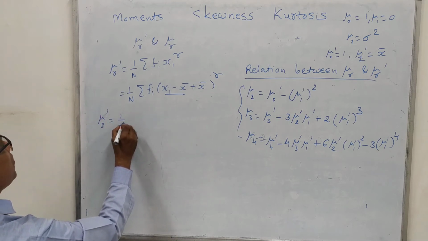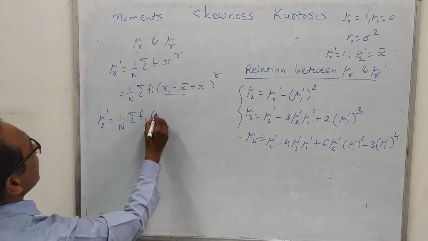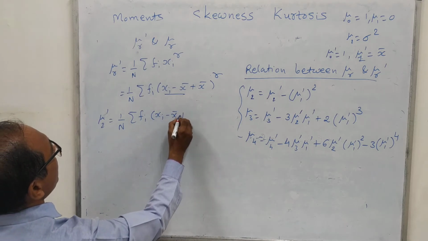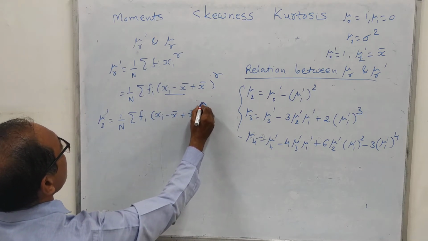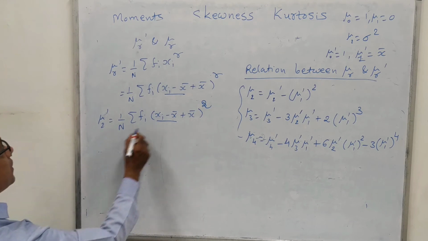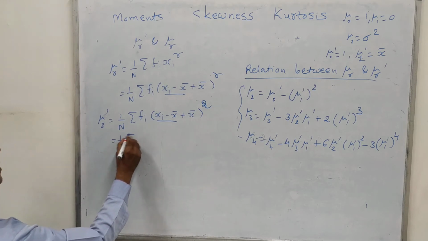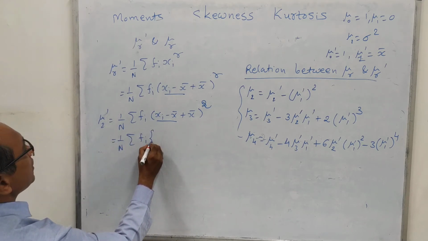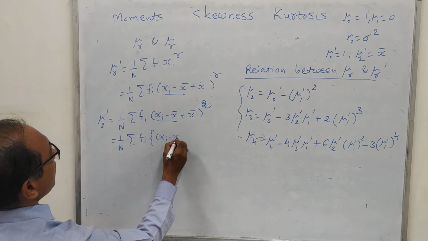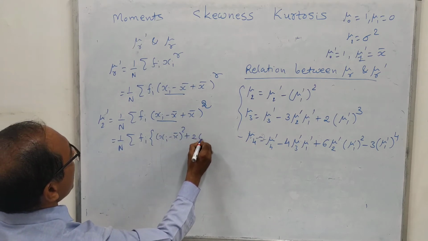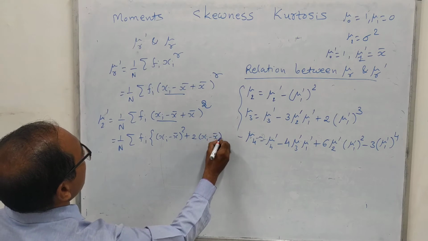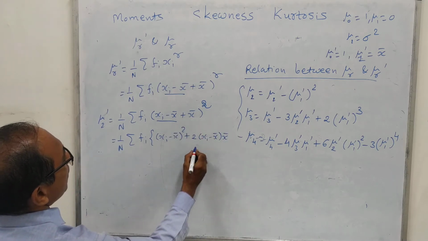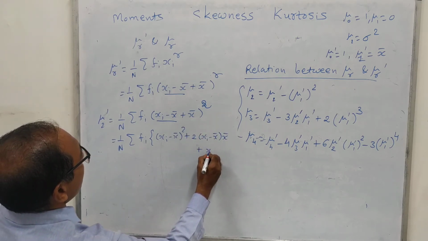Mu2 dash has 1 upon n sigma fi xi minus x bar plus x bar whole raised to 2. So we will consider this as single one. So 1 upon n sigma fi, this is xi minus x bar whole square plus 2 xi minus x bar into small x bar plus x bar whole square.